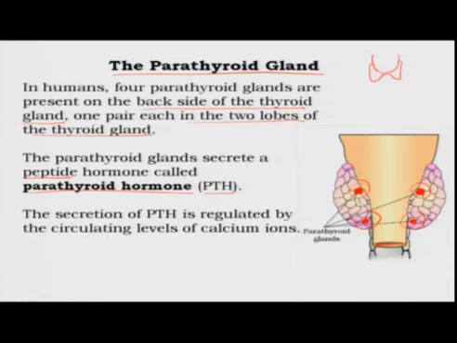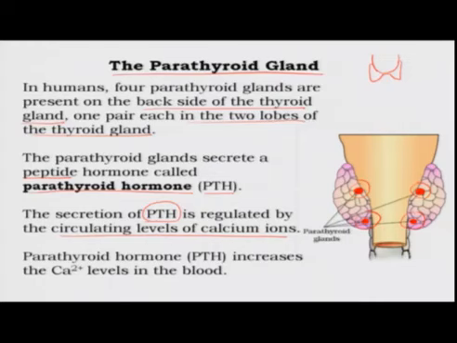Now, the secretion of PTH is regulated by circulating levels of calcium. There is a sensor for calcium in your blood, and when these levels fall, this leads to an increase in the secretion of PTH. This stimulates the parathyroid gland to produce more PTH, and therefore it increases the calcium levels in the blood.